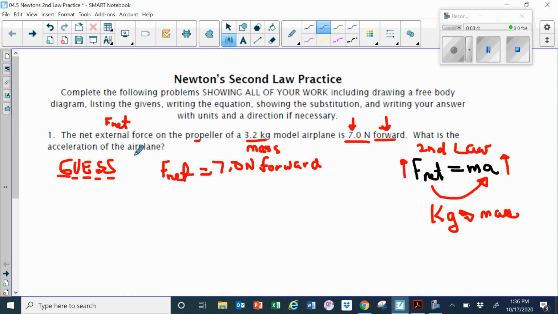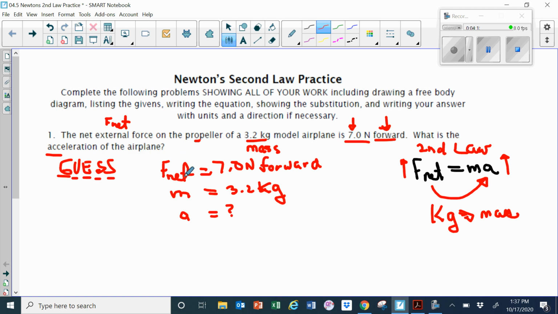And we know the mass of the airplane, m, is equal to 3.2 kilograms. Those are the two givens. What are we trying to find? What's our unknown? Well, it's acceleration. What is the acceleration of the airplane? A.